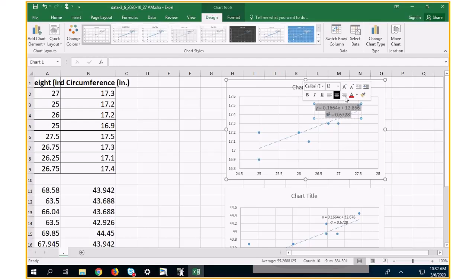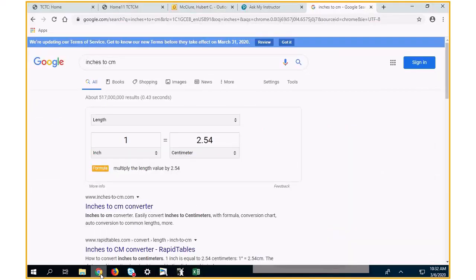Okay, write that down for it. But give me 4 digits. 0.8202. Okay, write that down, please. And write the formula down. Y is equal to 0.1664x plus 12.86. Now I'm going to go over to the question, and we're going to fill in what it says.